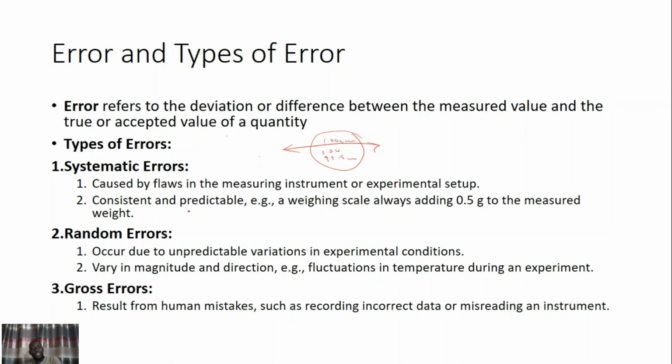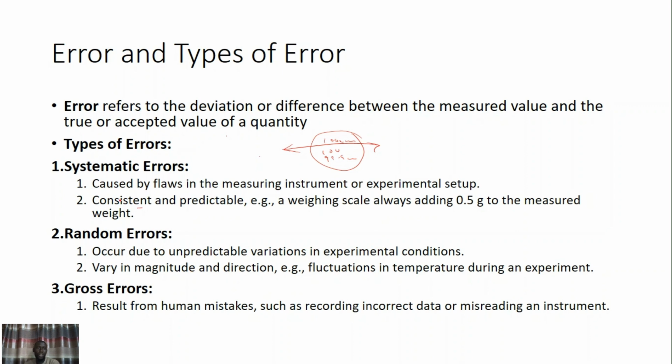It's usually consistent in the sense that it occurs again and again, while random errors occur due to unpredictable variations in experimental conditions. And the magnitude usually varies and also the direction, because it is unpredictable.